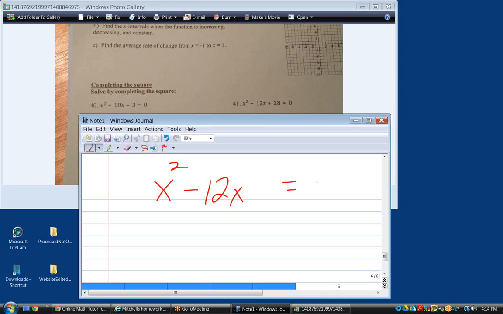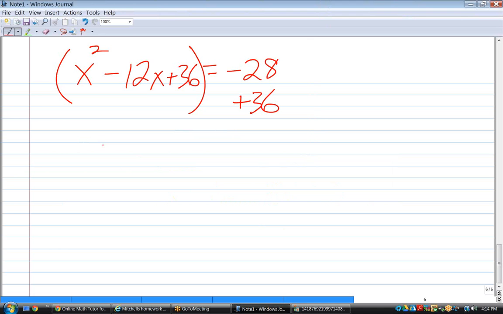You move 28 to the other side. Now complete the square on the left. Then plus 36. What do I have to do to the right? Add 36. Rewrite and simplify. So it's x minus 6 squared, then plus 8.